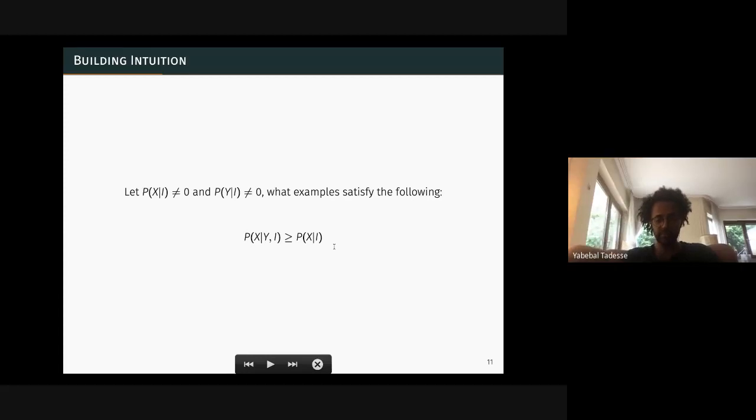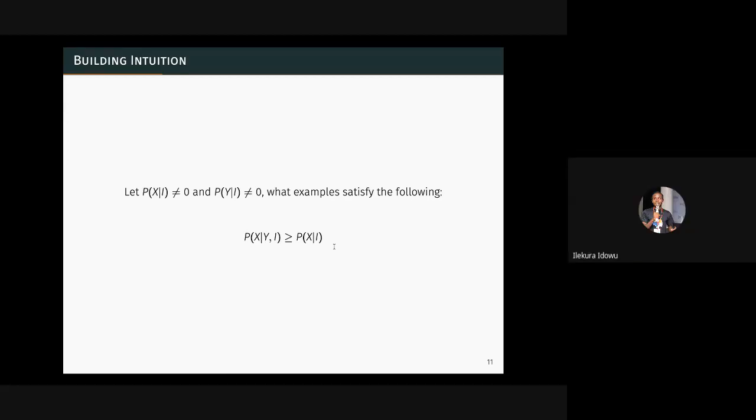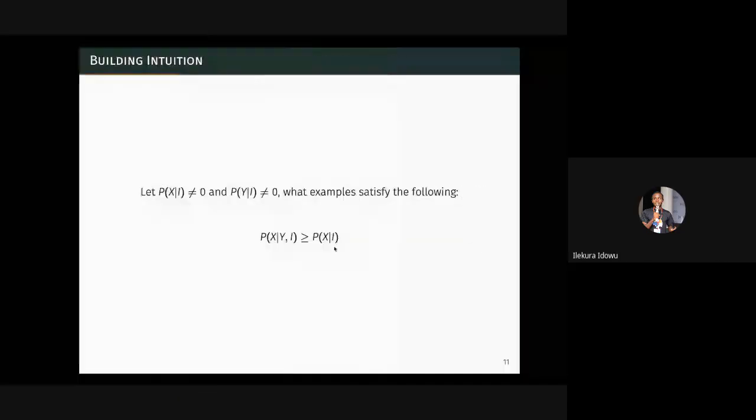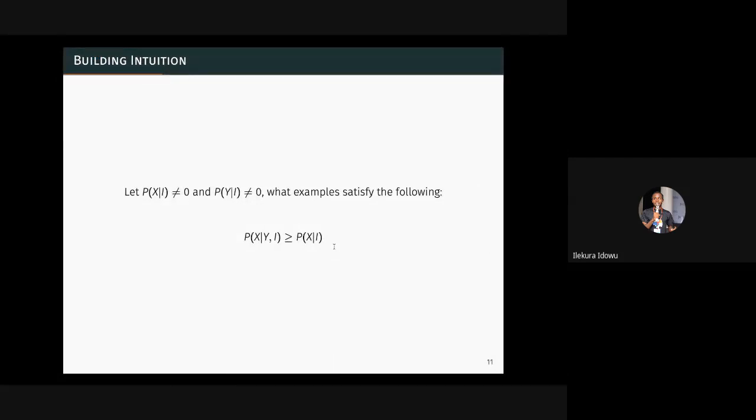Okay, so basically we are asked: let the probability of X given L not be equal to 0, and the probability of Y given L not be equal to 0. What examples satisfy the following?